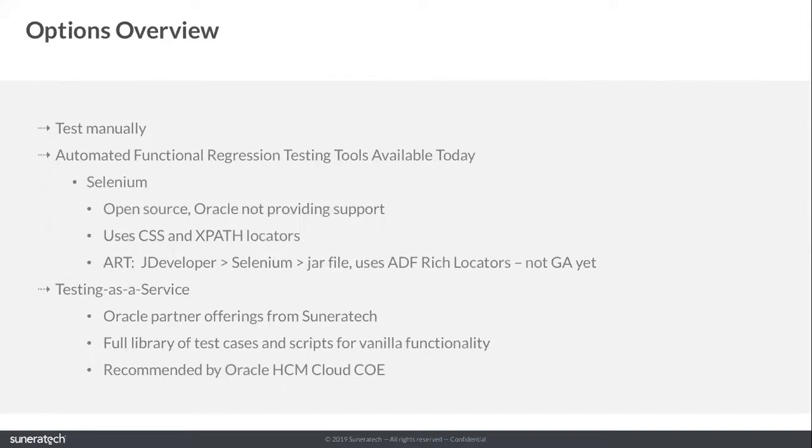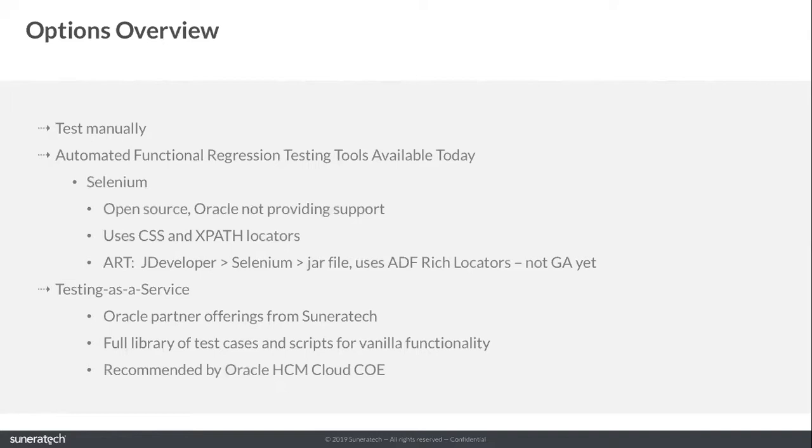Then you have some available automated functional regression testing tools. We have some customers and some partners using Selenium. Selenium, for those of you who are familiar with it, is an open source testing tool. Oracle does not provide support for Selenium. Because it's open source, you get your support for Selenium from the community.